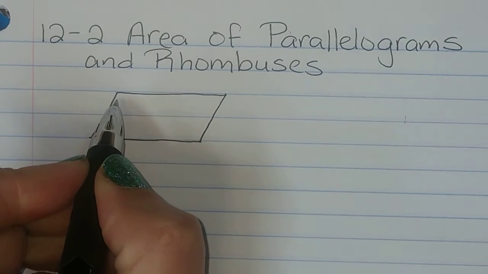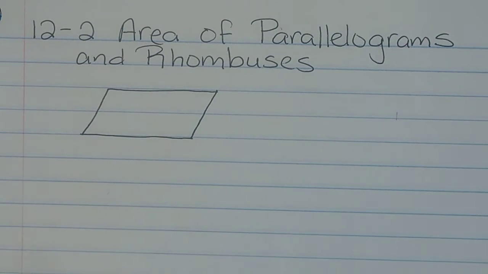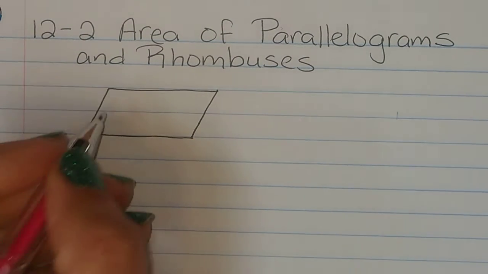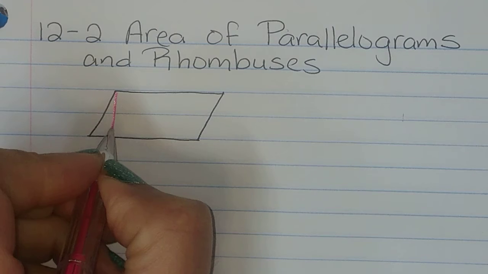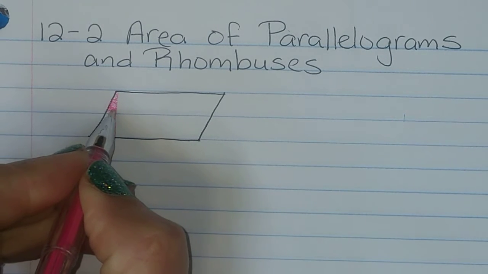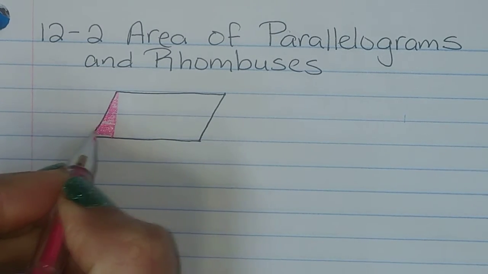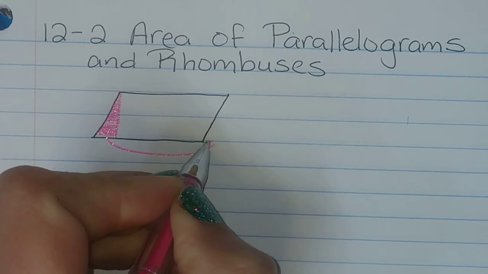However, if we look at our rhombus, we can take this section off, cut this section away and add it over to this side.